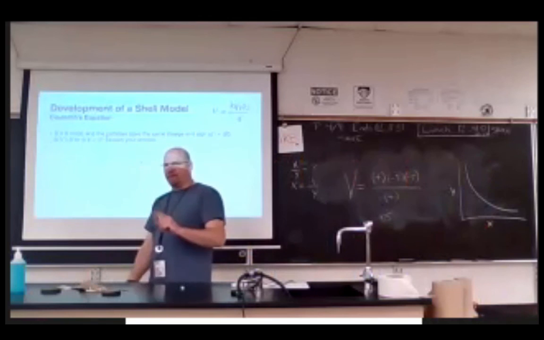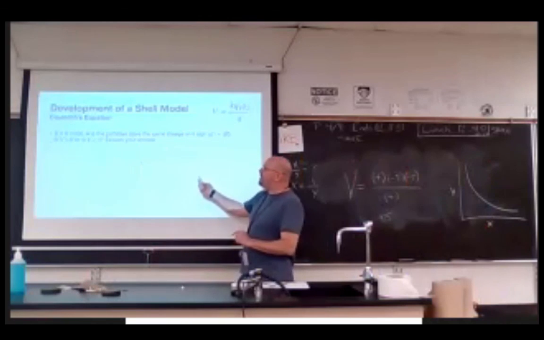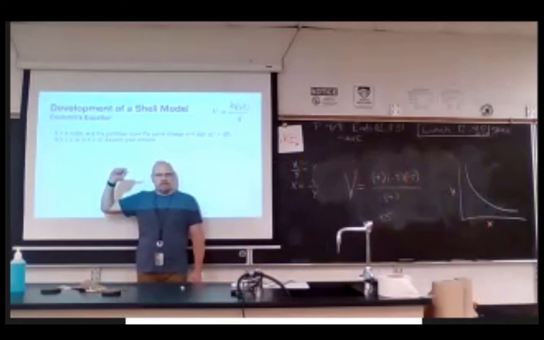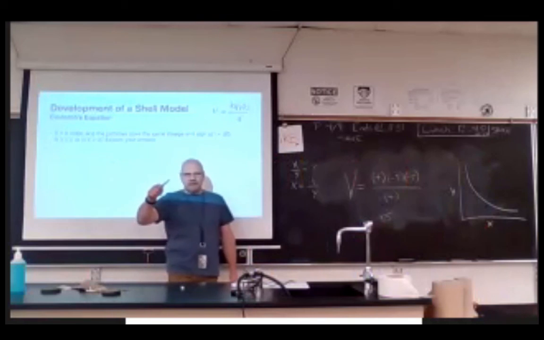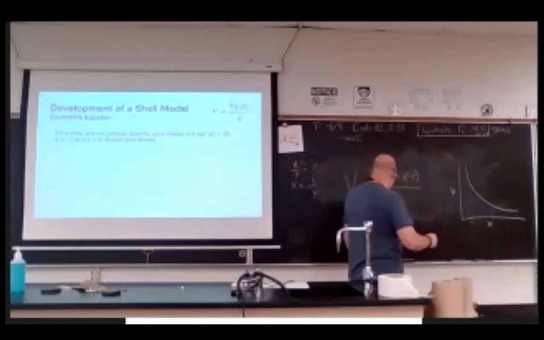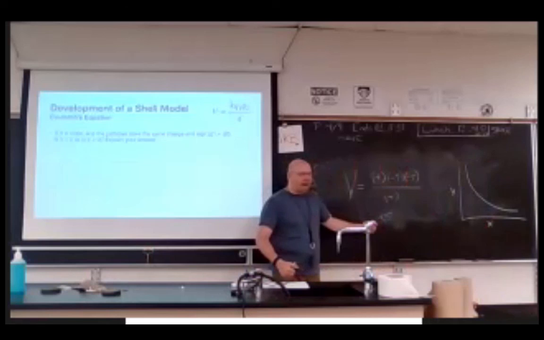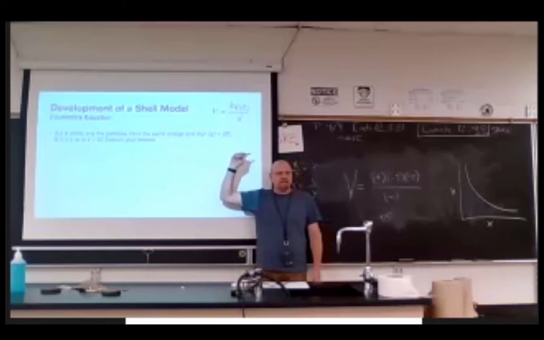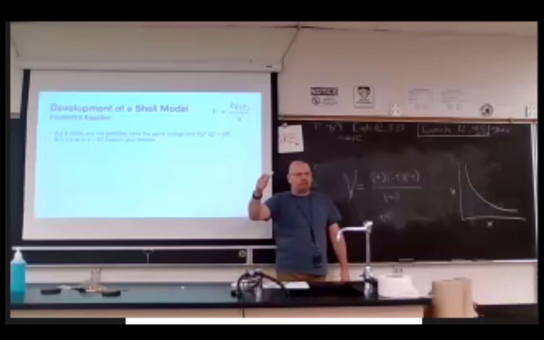So this tells us something. We now have a sign associated with V. If V is positive, and V is a measure of attraction or repulsion, and we just said V has to be positive if both of these are the same sign, what does the positive value for V represent?